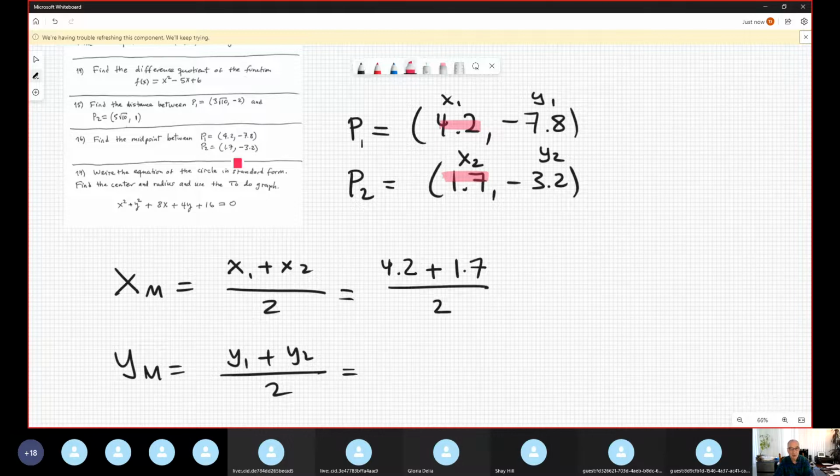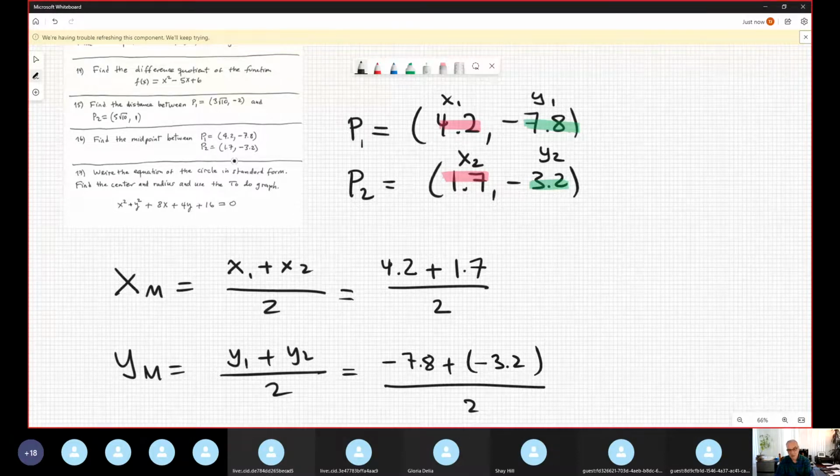And you add the y component, let me use green, and divided by 2. So it's negative 7.8 plus minus 3.2 divided by 2. Again, we have the situation of the double sign. You know, positive and negative together is negative, no? So now you erase this, you put minus 3.2.